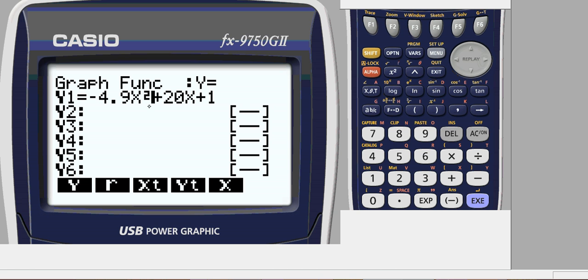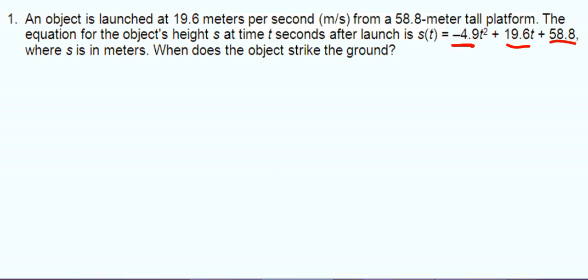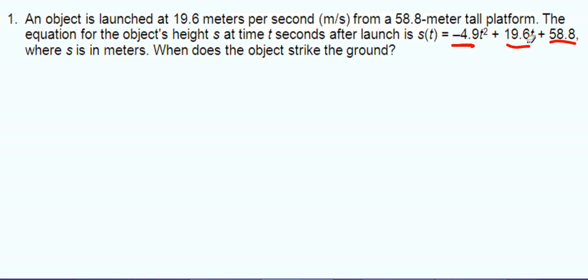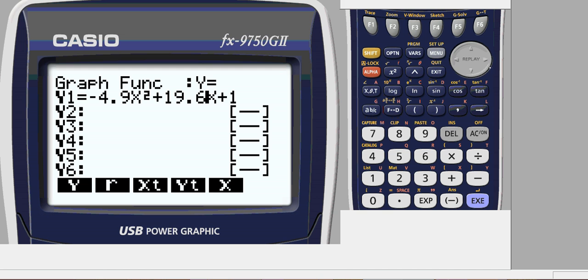It said t squared, but we're going to use x squared because that's what the calculator likes better. Plus our velocity was 19.6. And then plus the initial height, which was 58.8.